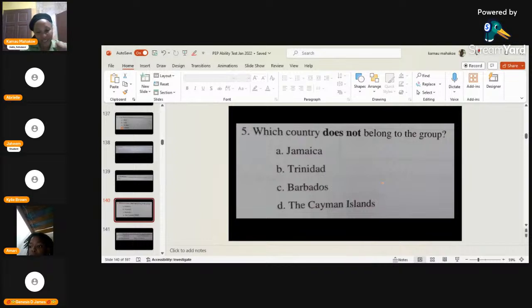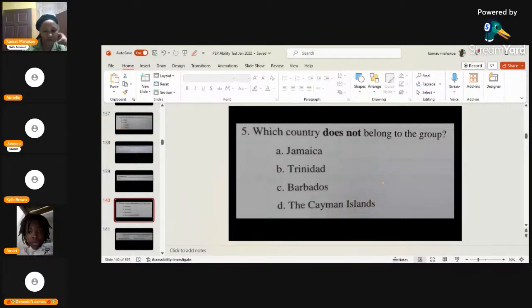So looking at these places, all of them are what? Miss, Caribbean islands. Okay. One of them is different from the other three, or should I say the other three are more similar. Miss, economy.